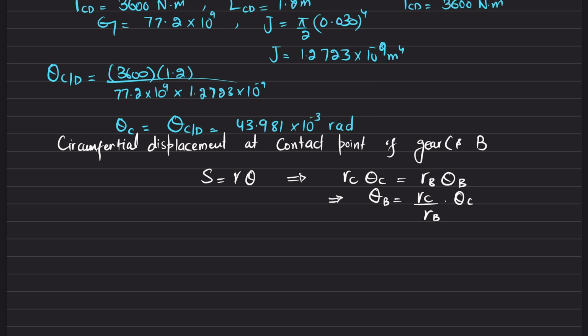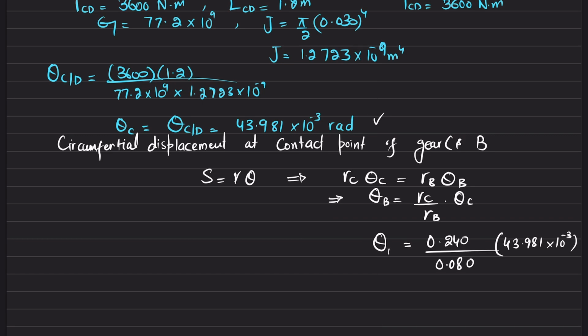theta C. So RC is 0.240 meter. It is 240 millimeter, and in meter 0.240, and RB is 80 millimeter, so 0.080. Multiply by theta C, which we have calculated, 43.981 into 10 raised to power minus 3.